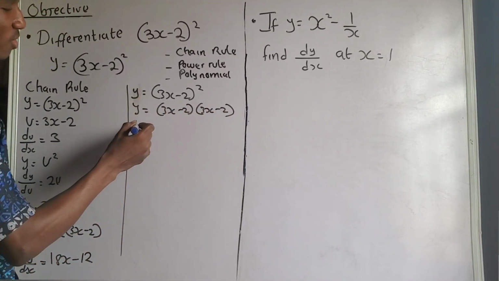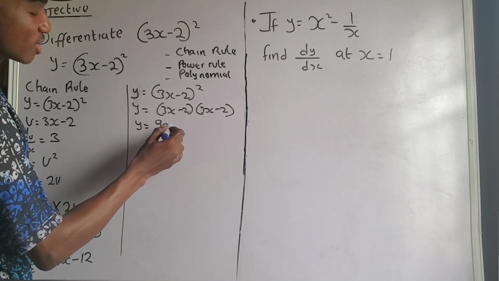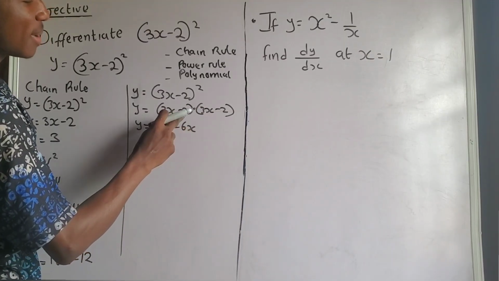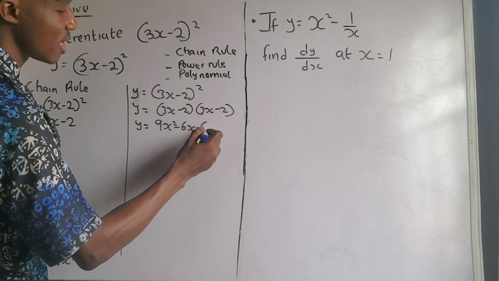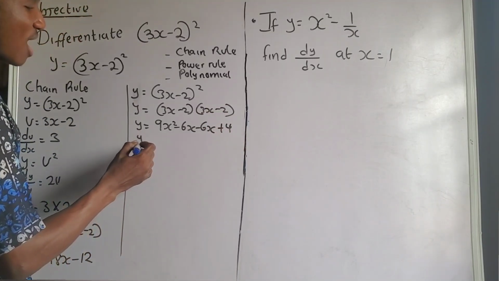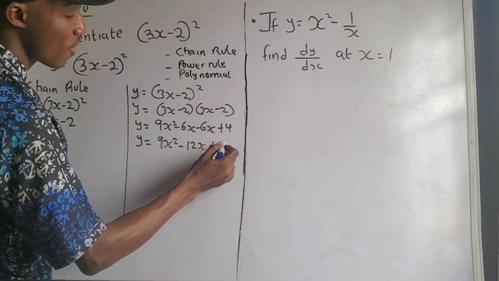I'm just expanding. y equals 3x times 3x, that is 9x squared. 3x times negative 2, that is minus 6x. Minus 2 times 3x, that is minus 6x. Minus 2 times minus 2, that is plus 4, right? y equals 9x squared minus 12x plus 4, okay?